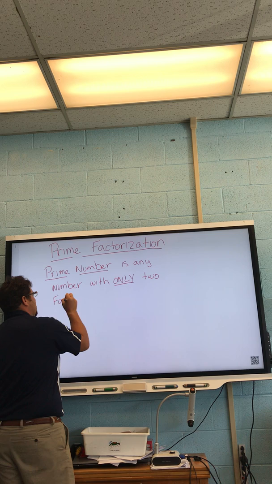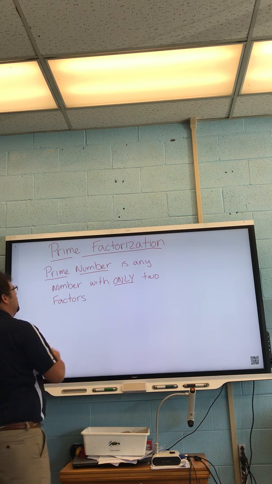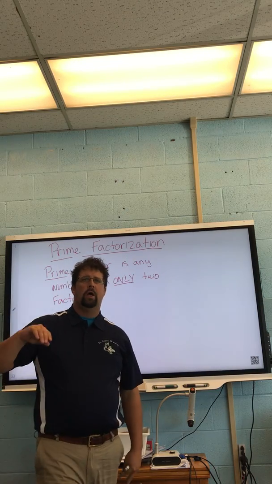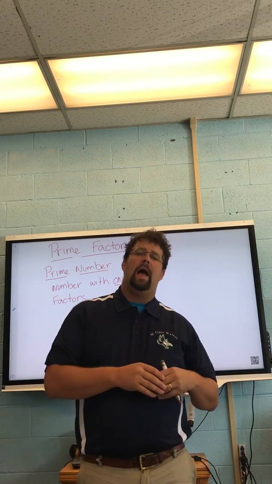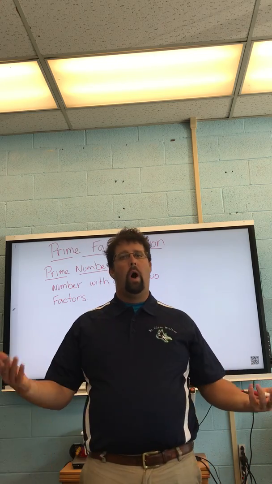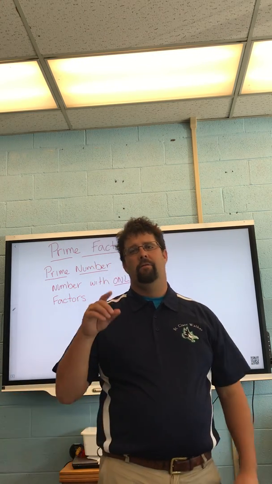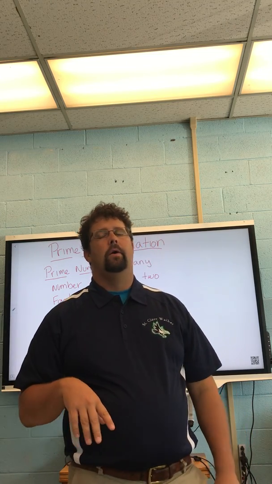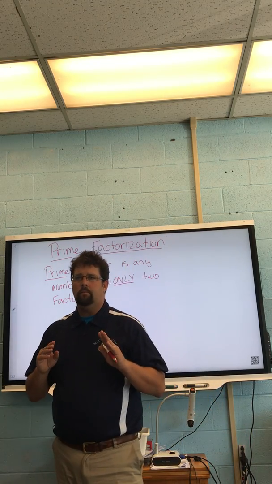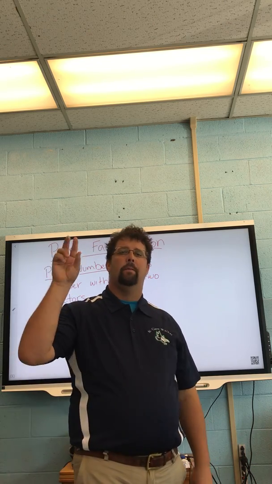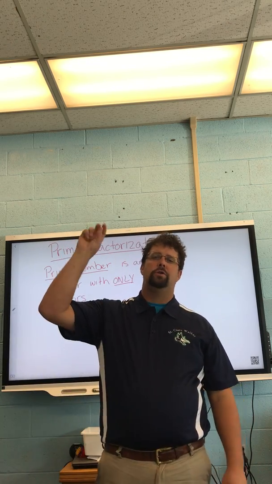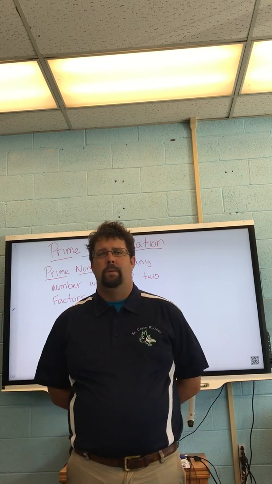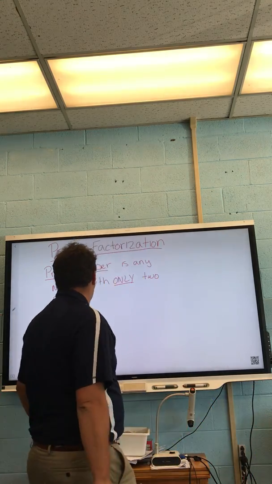I apologize. Okay? So a prime number is any number with only 2 factors. For example, 0 has infinite factors. 1 has only 1 factor, 1 times 1. So what we're going to start with is the number 2. The only factors of 2 are 2 and 1. 2 times 1 is 2, and 1 times 2 is 2, and there's no other way to do it, okay?